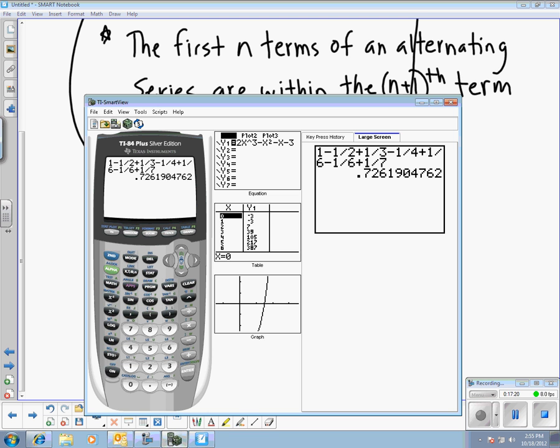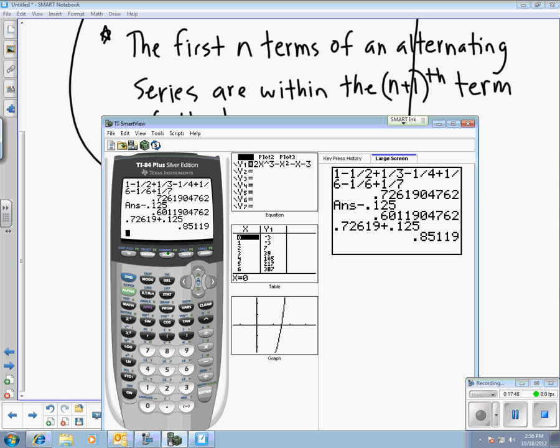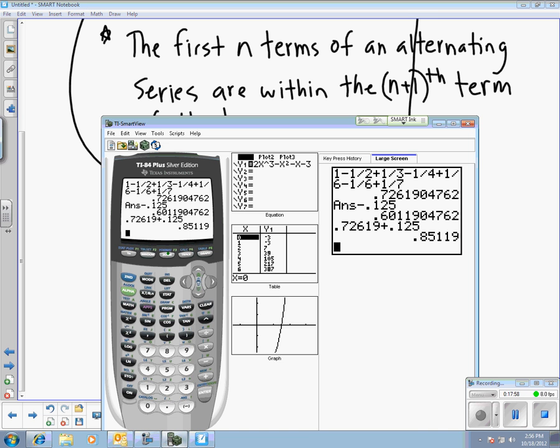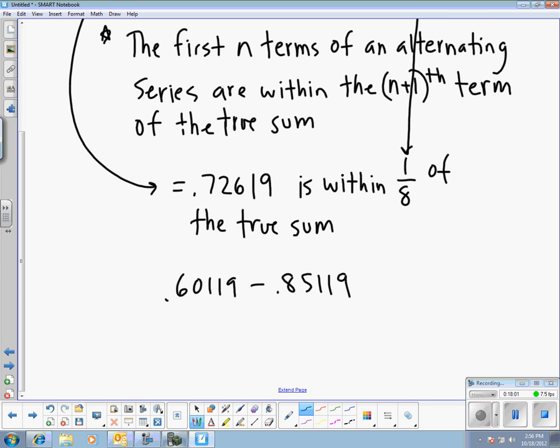I can take 0.72619 minus 0.125 and get 0.60119, and 0.72619 plus 1/8 is 0.85119. So 0.60119 and 0.85119.